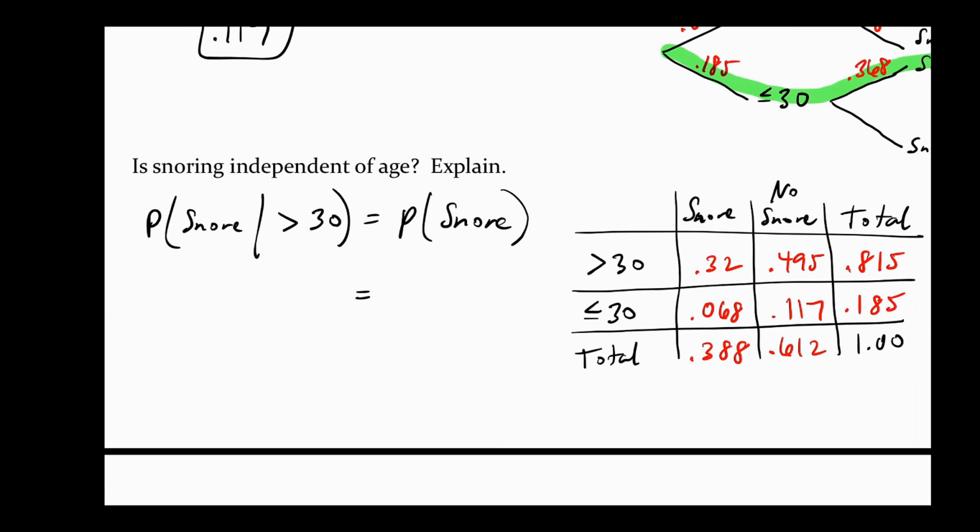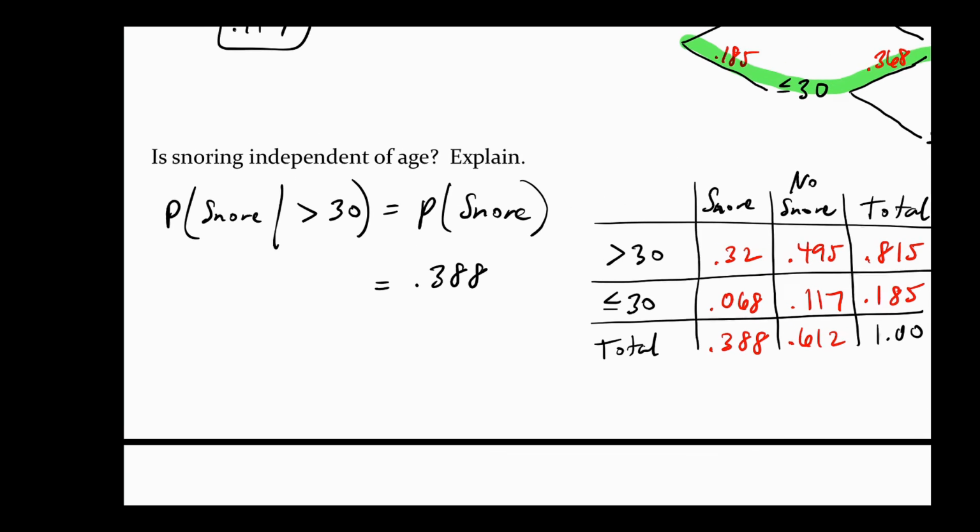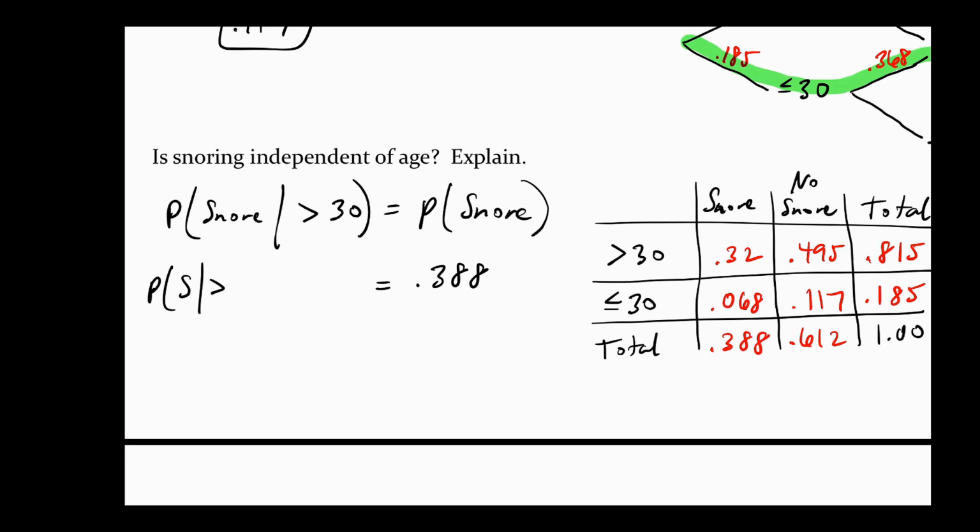The probability of snoring is 0.388. The probability of snoring given that you are over 30. We could check both, because if one shows independence, the other has to show independence. If one doesn't, then neither will.